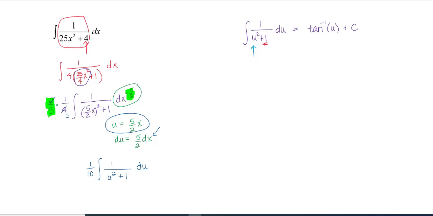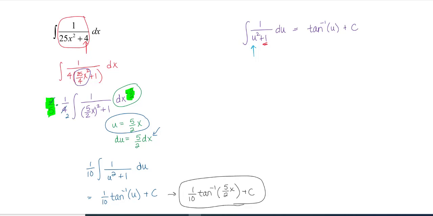And then that becomes my inverse tangent, so I have 1/10 inverse tangent of u, or certainly arctangent would be fine. And then let's just put in our u to be correct here in the end. So if I put in my u, I have 1/10, again, inverse tangent or arctan of my u, which was 5 over 2 times x, or 5x over 2.